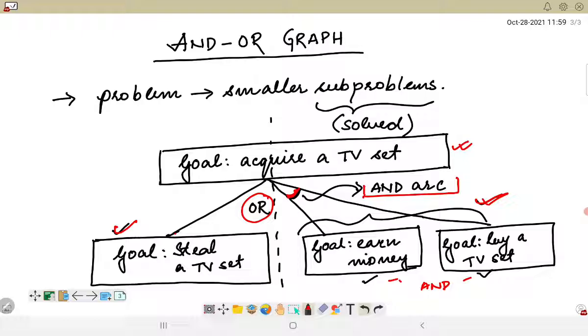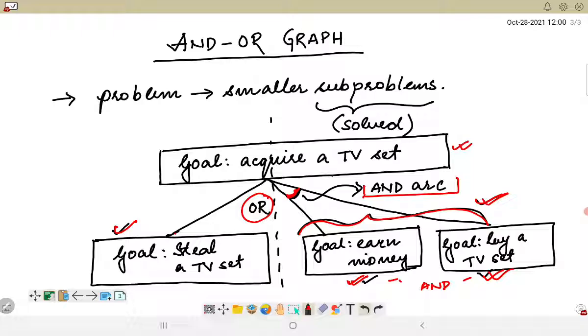One AND arc may point to any number of successor nodes, all of which must be solved in order for the arc to point to a solution. In order to solve this entire part, both of these solutions or both of these goals need to be solved, right? Simply generating one successor and solving it will not help.